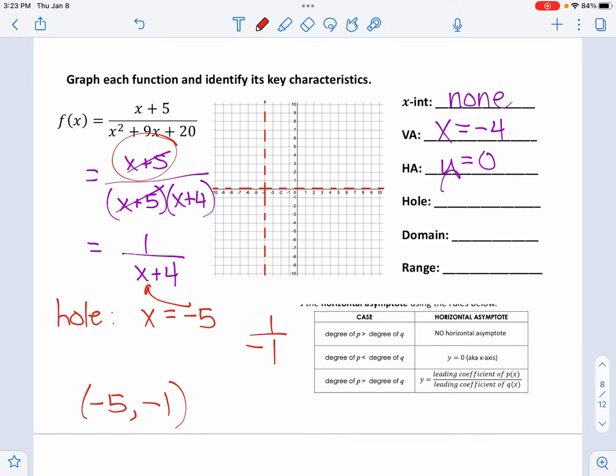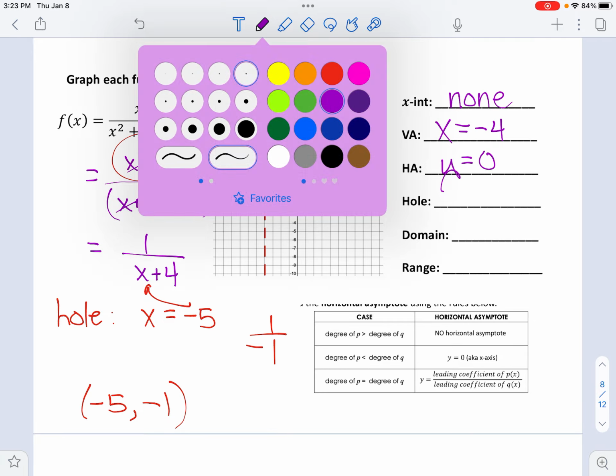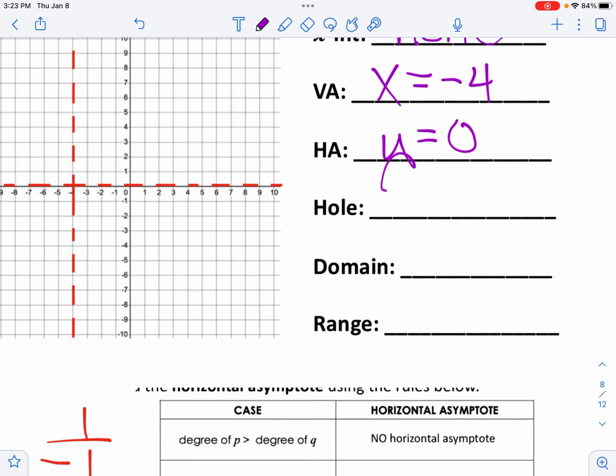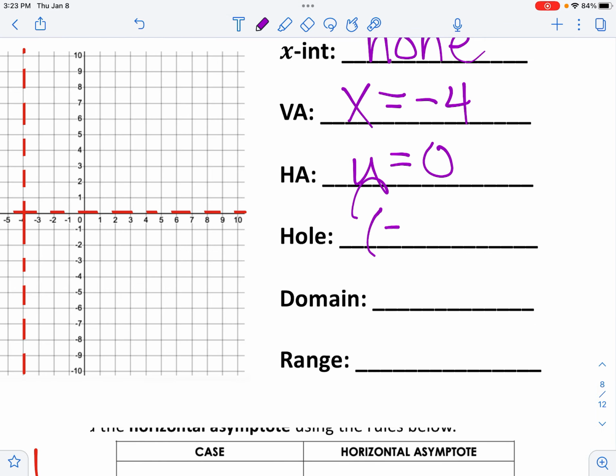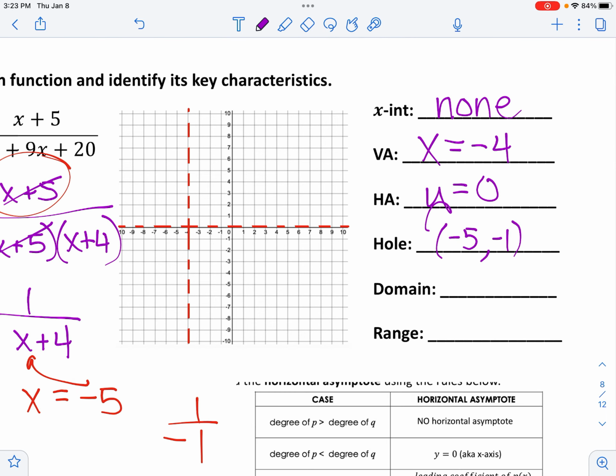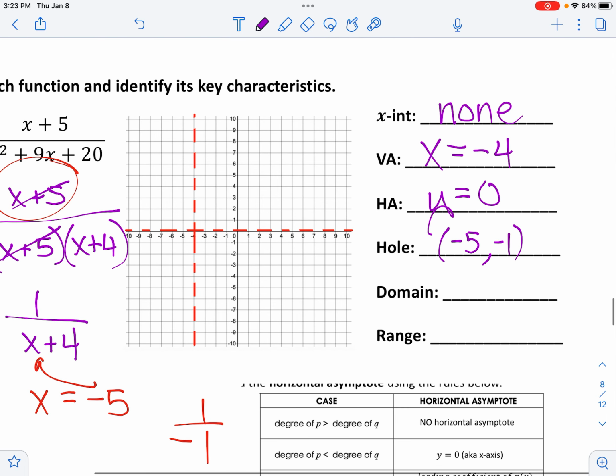Okay, so I'm going to write that over here. -5 comma -1. Okay. So I need to keep that in mind when I graph. I have to make sure that that's obviously there.